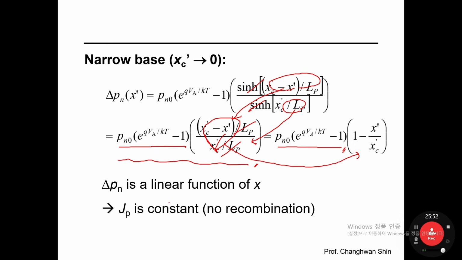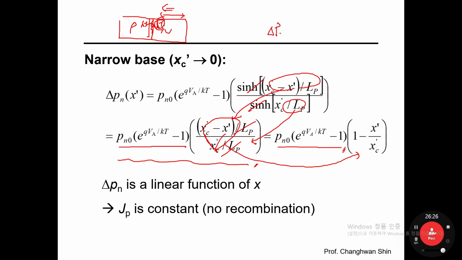Here, physically speaking, we can find a very interesting point. In a PN diode, if this physical length becomes very aggressively shortened a lot, then the profile for injected holes follows a linear function instead of an exponential function.